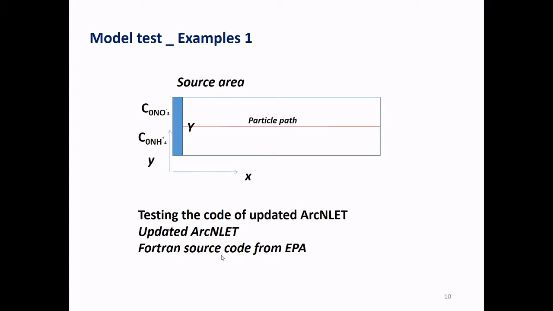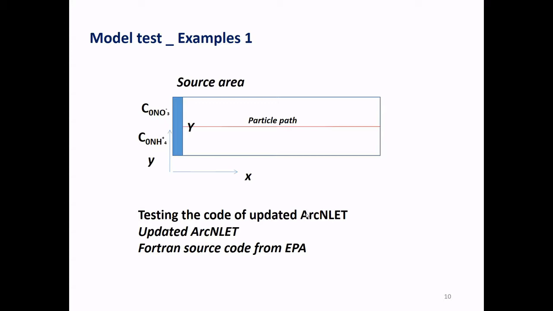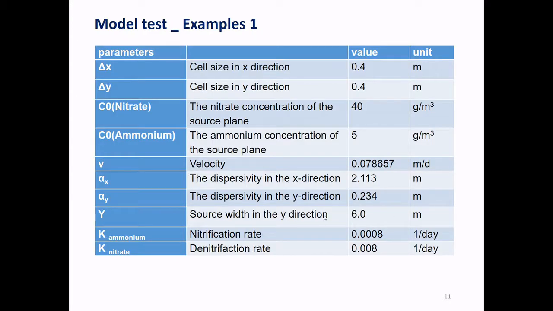They have the Fortran source code, and then we compare our ArcNLET results with Fortran code outputs. And so those are parameters we choose to run the model. So we make sure we compare apples to apples on these two simulations, our ArcNLET and the EPA's source code, Fortran code, using the same set of parameters.